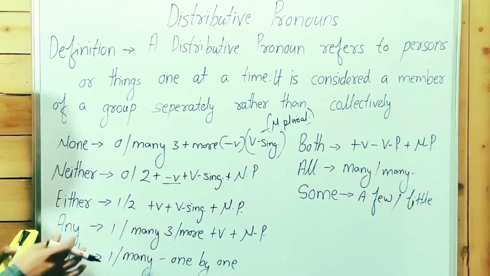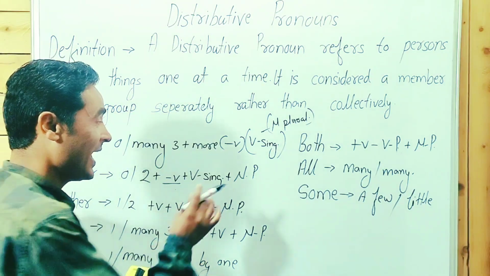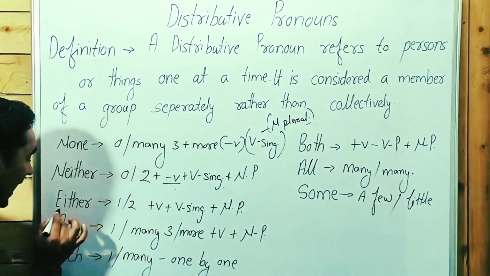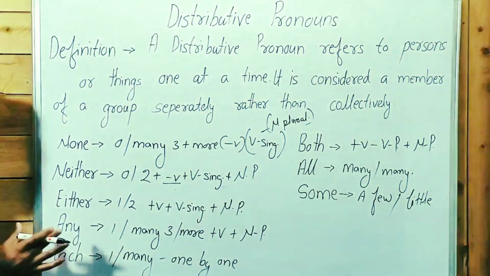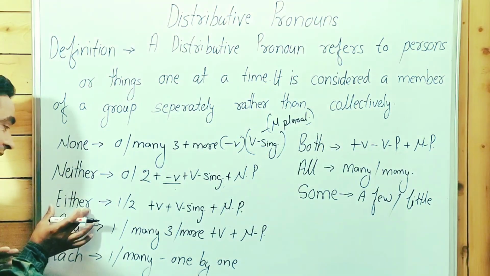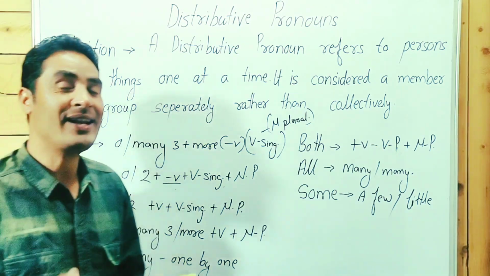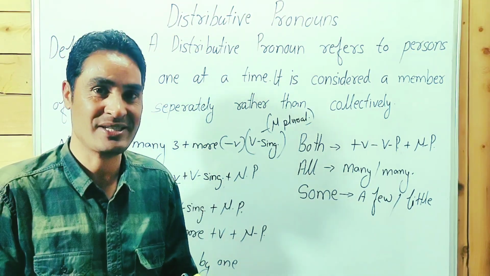Neither and neither, both pronunciations are correct. And when we talk about the noun, it is always plural. And either, both pronunciations are correct. Okay, one is British, another one is American. Either stands for 1 out of 2 in the positive sense.